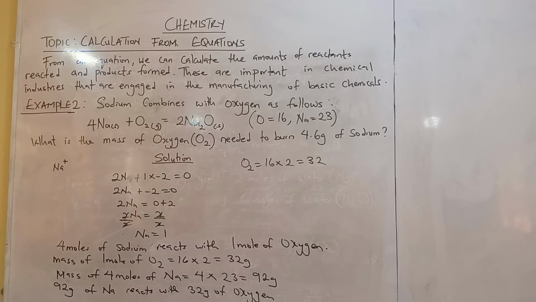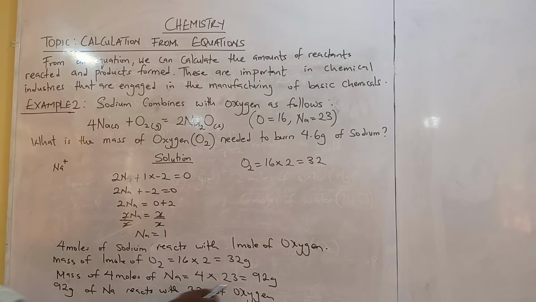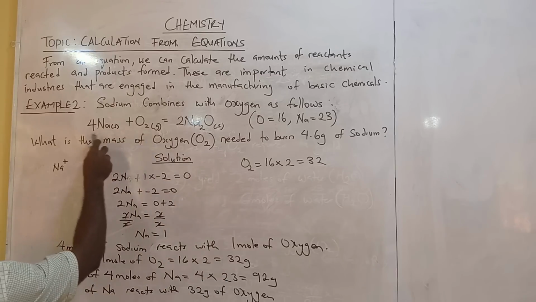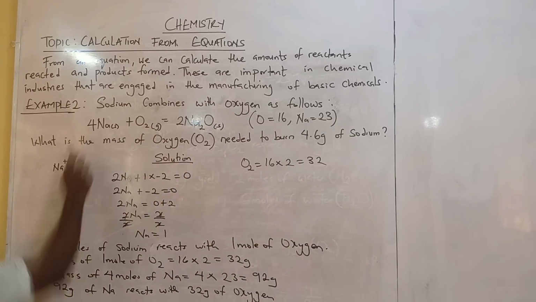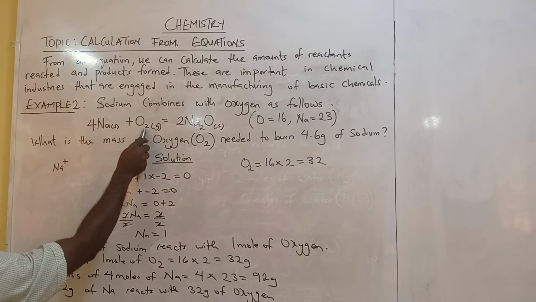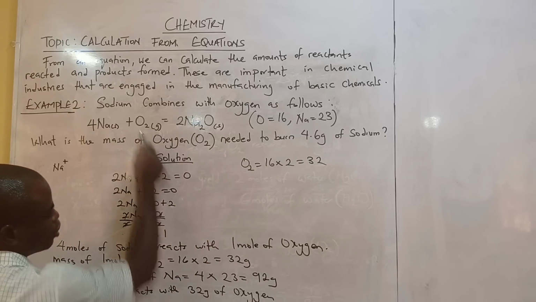You can see that 92 gram comes from multiplying 4 by the mass of sodium, which is 23. The sodium is 23 times 4, and that is the one that reacts with oxygen. The first thing you need to do is write the expression: 4 moles of sodium react with 1 mole of oxygen.